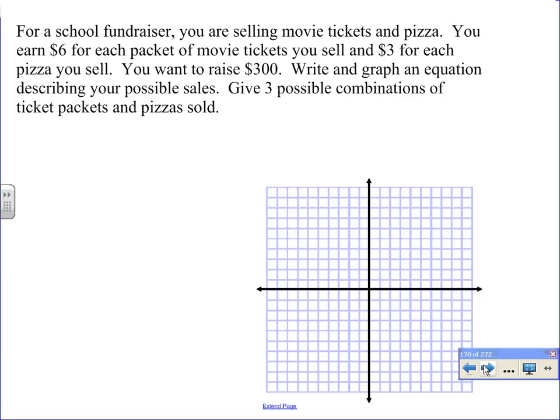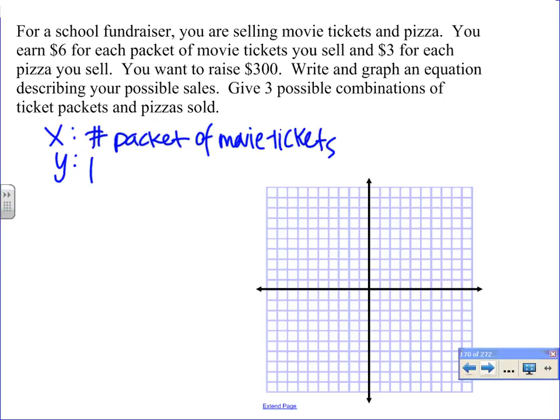So first thing I want to do is, what should I make X and what should I make Y? X to be the packets of movie tickets and Y to be pizza. Okay. So X will be the number of packets of movie tickets, and Y will be the number of pizzas.